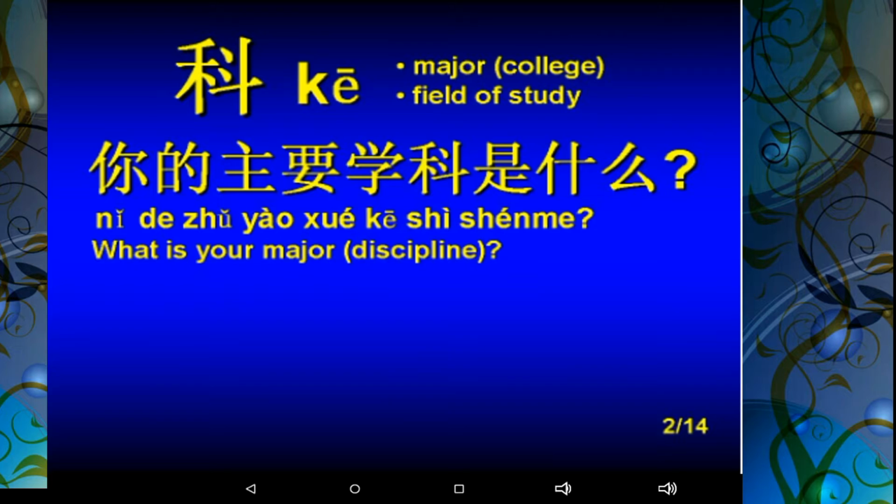我们开始. Our first character is the character ke. This is a first tone character, and this character is a constant level tone. This particular character means a major, like your major in college, and it means your field of study. What do you study when you go to school?